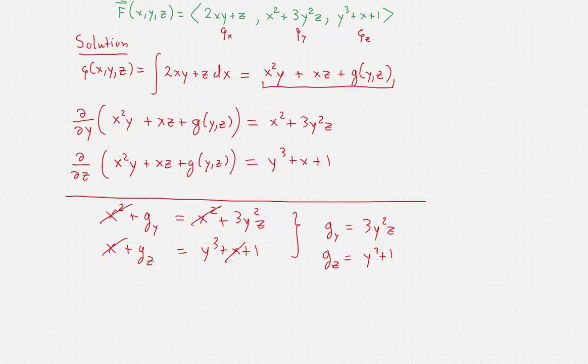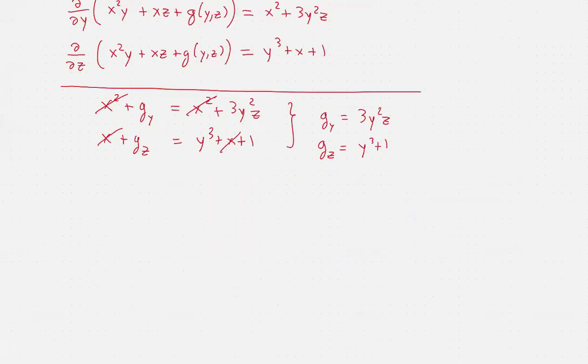So in other words, what we need to do here is one more argument of the same type. So I will say that g of y, z is going to be the integral of 3y squared z dy. And this, of course, is y cubed z plus a function of z.